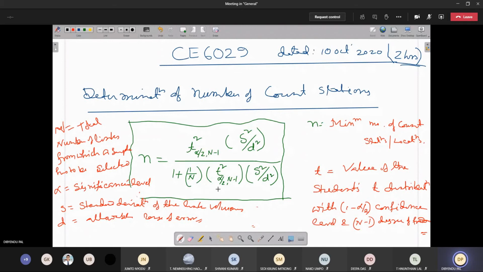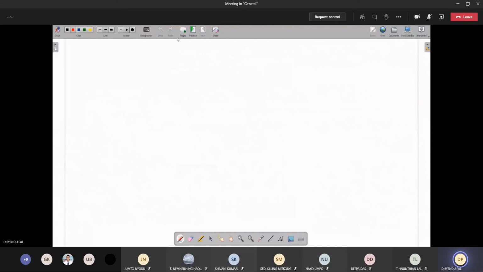Okay. Straightforward. We will take a problem and we'll see how we can use this information. The question I am reading, and then I will simply write down the data given, and then straightforwardly we can take the equation and solve the problem. Question is like that.